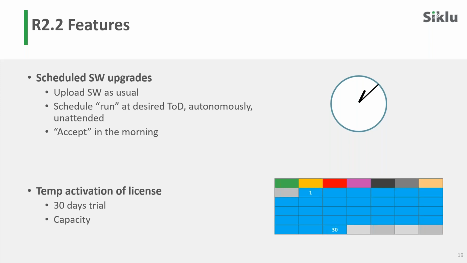And if you have stopped the temporary activation after, for example, 1 or 2 days, then you still have 28 days to continue the trial. So it's a total of 30 working days that the license is active, that is good for the trial.